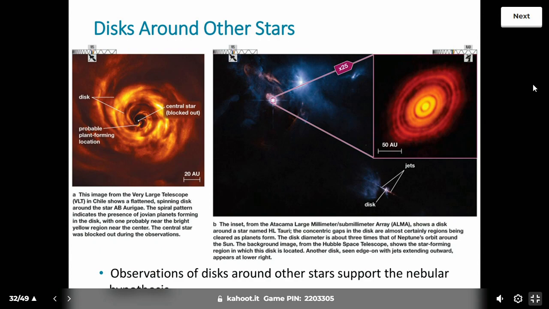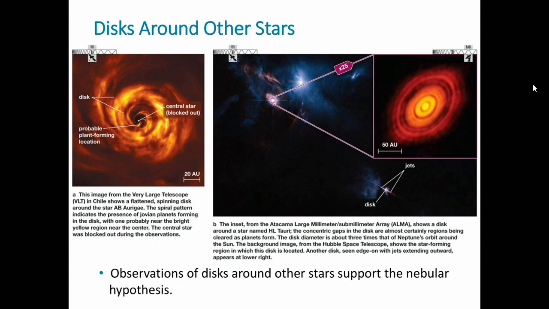And so we see these disks around other stars. These are real pictures taken with various telescopes. On the left is a picture in the visible wavelength range from the Very Large Telescope in Chile. They've put something dark in front of the central star on their telescope so that it doesn't wash out the rest of the picture.